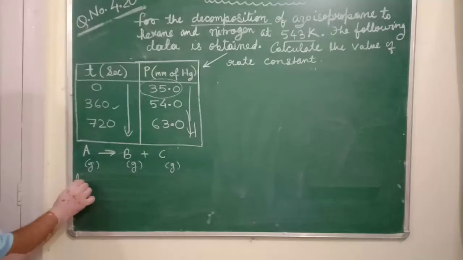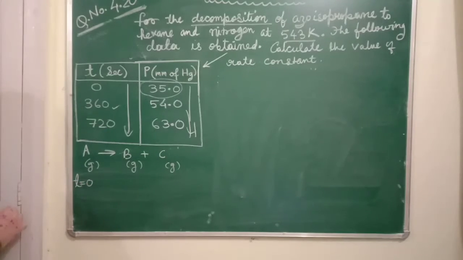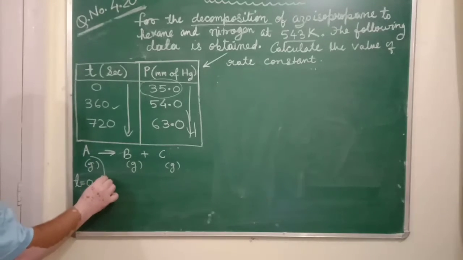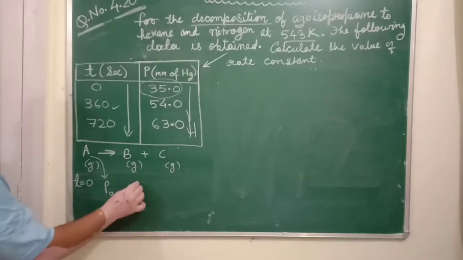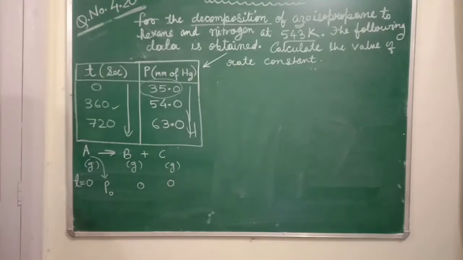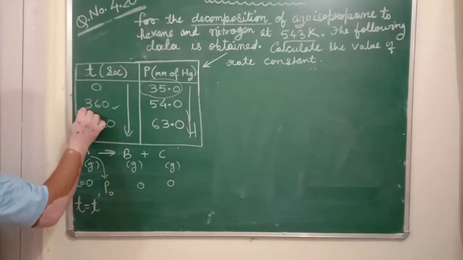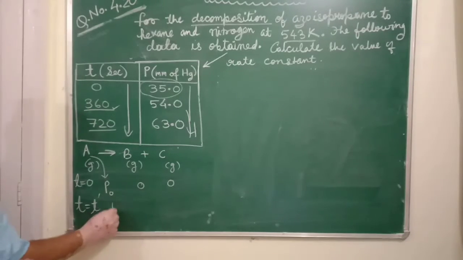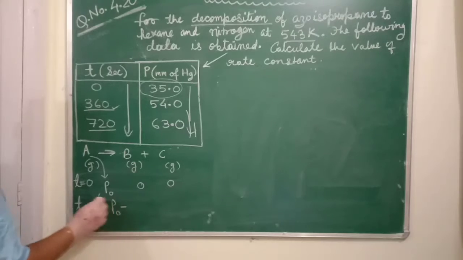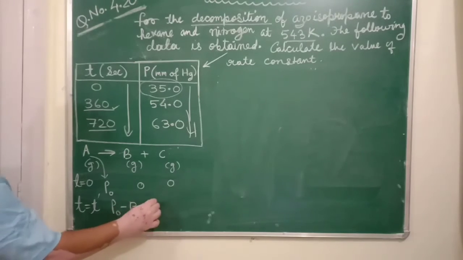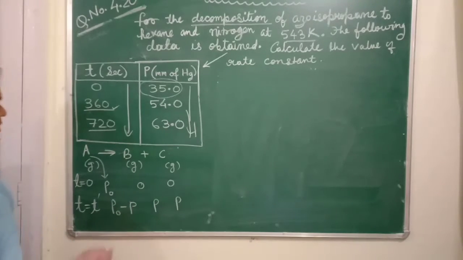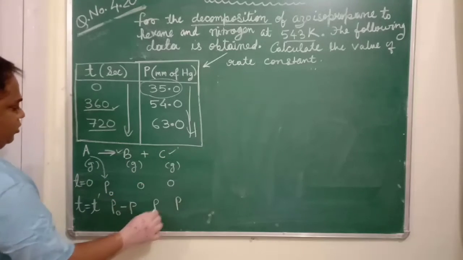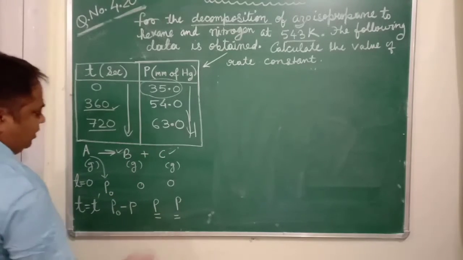At T equal to 0 second, that means when heat was not given, the pressure of A was P initial and no pressure was contributed by B and C gas. After time T or T dash, that means at 360th second or 728th second, some amount of A decomposed to B and C, and hence now B and C is also contributing to the overall pressure in the vessel.